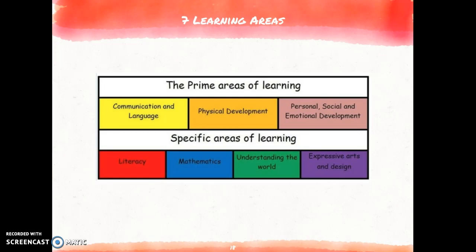So communication and language, physical development, personal, social, and emotional development. Those are the primaries, the big ones. So those are the ones I'm going to really talk about, but I want you to think about on your own: literacy, mathematics, understanding the world, expressive art, and design, and how some of these activities also address those, although their focus may be the top 3 prime areas.